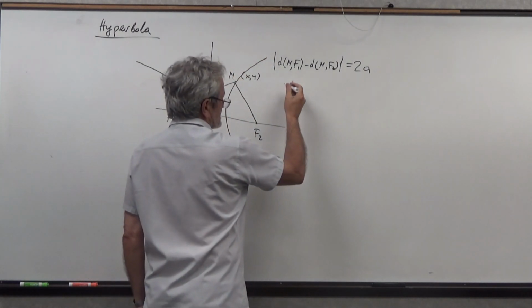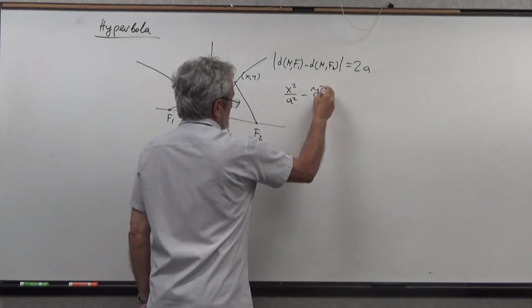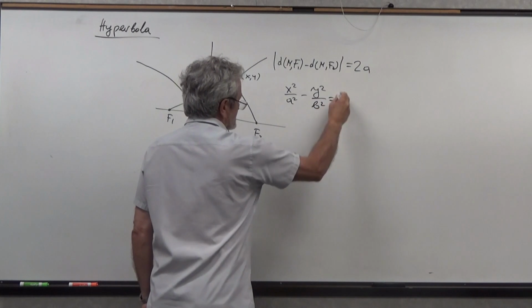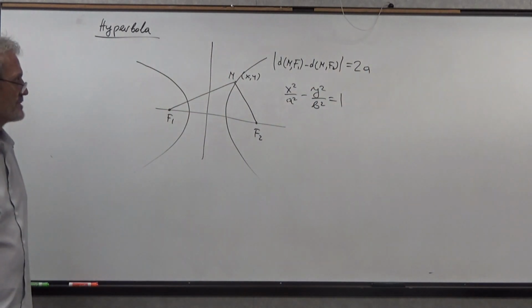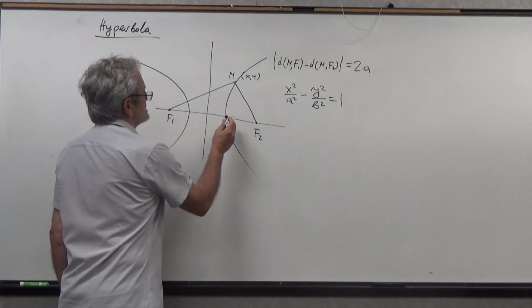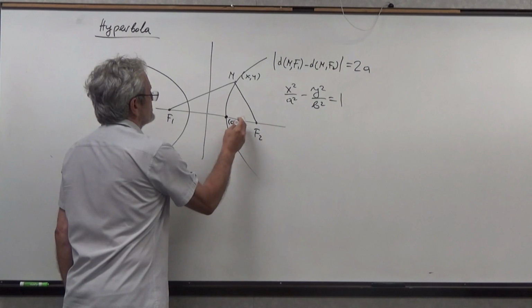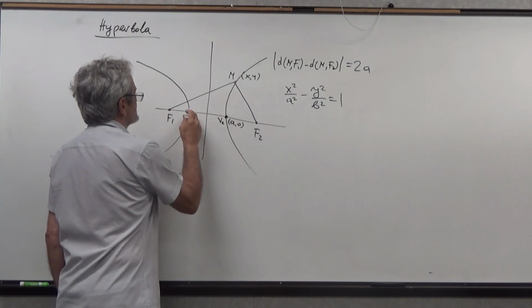So the equation looks like this: x squared over a squared minus y squared over b squared equals 1. This a is the same as this a here. Your vertex here is (a, 0), let's say vertex 2, and here is (-a, 0), vertex 1.